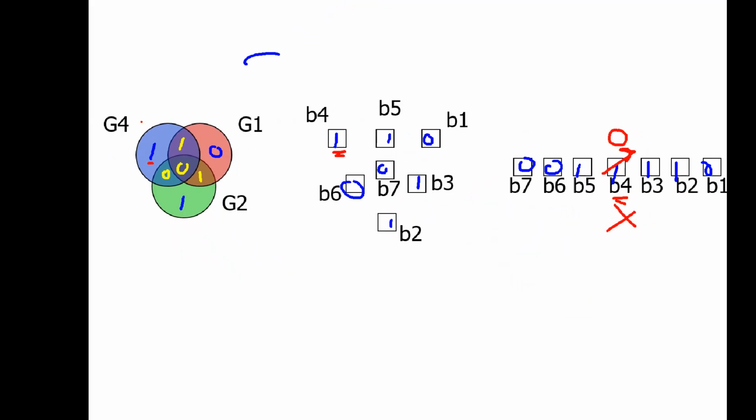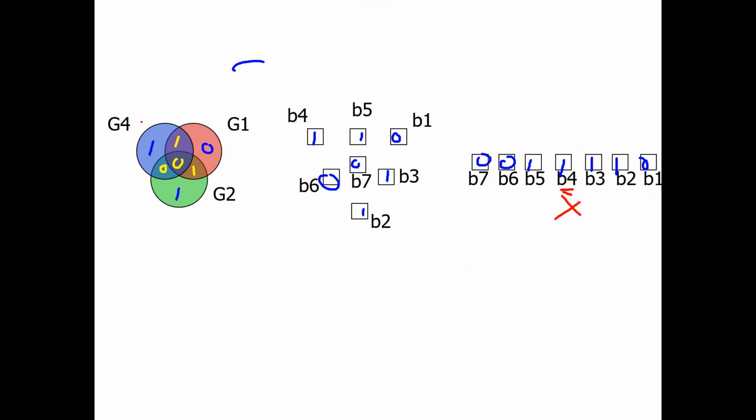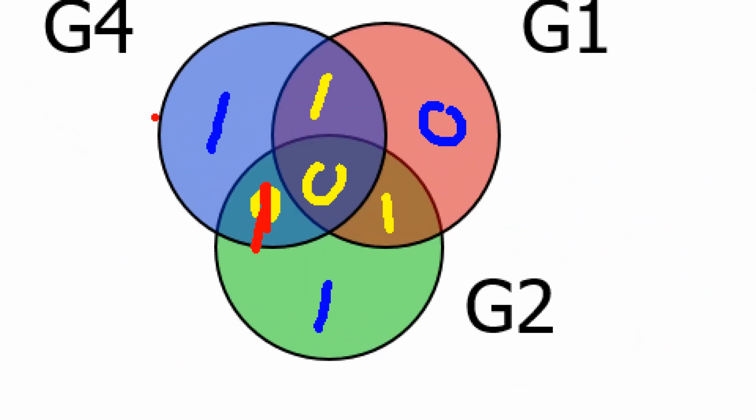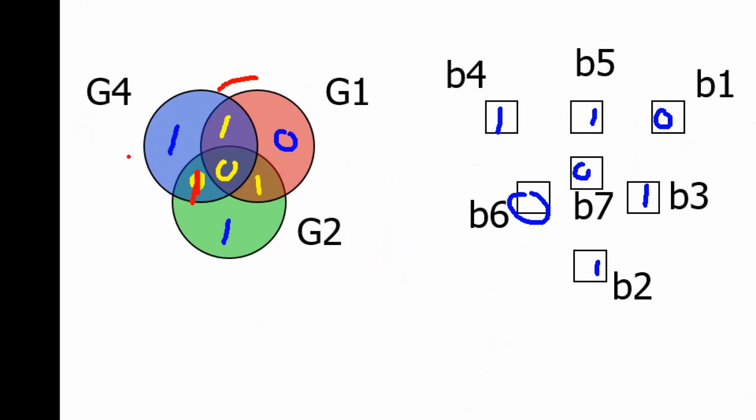Another example. If the error bit is B6, for example, that means it becomes 1 here, right? So what happens when the receiver checks this one? It's even, it's okay. This one, oh, it's odd, right? Three 1s. And how about this?